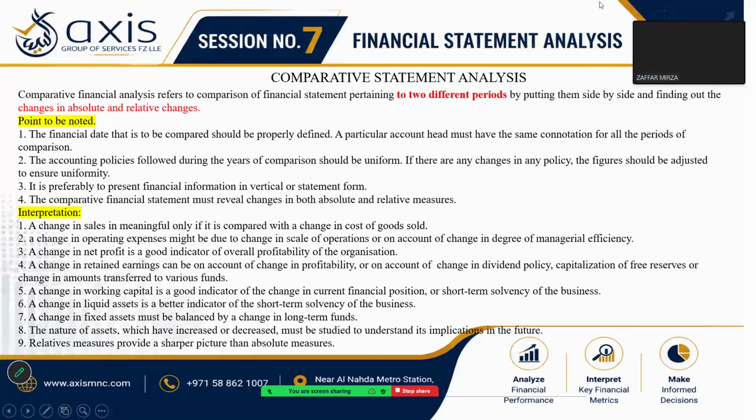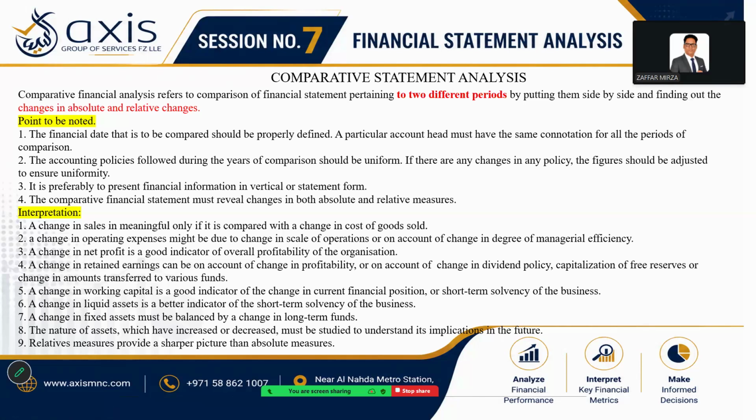Okay. So, a change in retained earnings can be on account of a change in profitability. Retained earnings will change when your profit changes, or on account of change in dividend policies, or capitalization of free reserves, and change in amount of transfer to various funds.